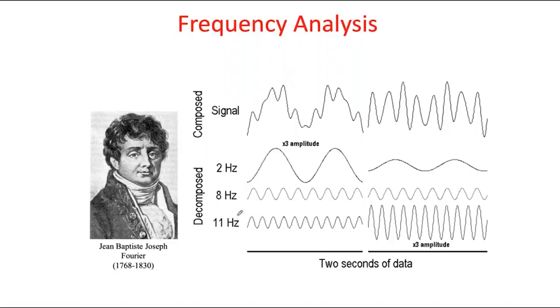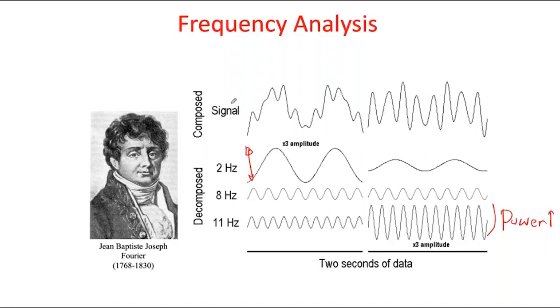And this is not just about frequency, but also about the amplitude. For example, in this one the amplitude of 2 Hz is higher, and in this case the amplitude of 11 Hz is higher. So you have higher power here. You can see how, with the same frequencies but different power, you can make different types of EEG waves.